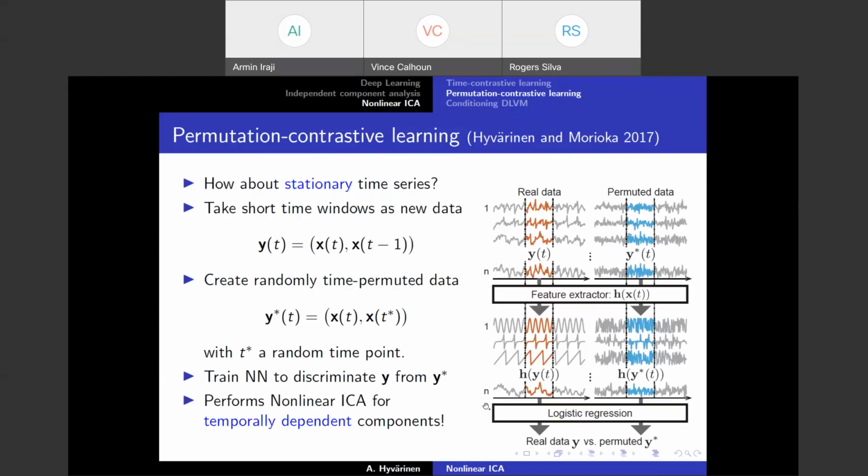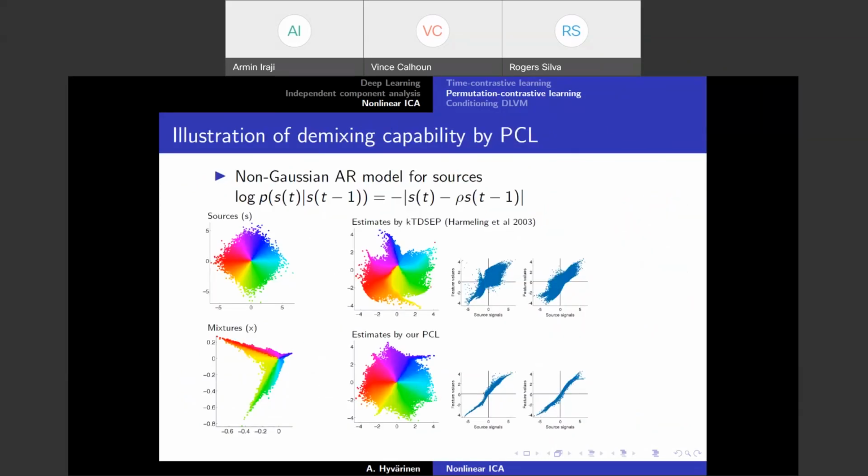So real time windows versus temporally shuffled time windows. Now it turns out that this kind of system performs nonlinear ICA for temporally dependent components in stationary time series. We have a theorem just like in the previous case, but I'm not showing it here in the interest of brevity. Next slide, please. So what I will simply show is results of a simulation.